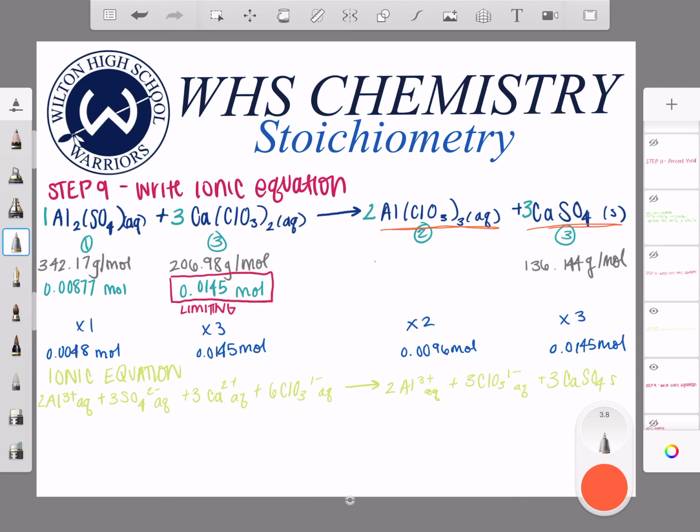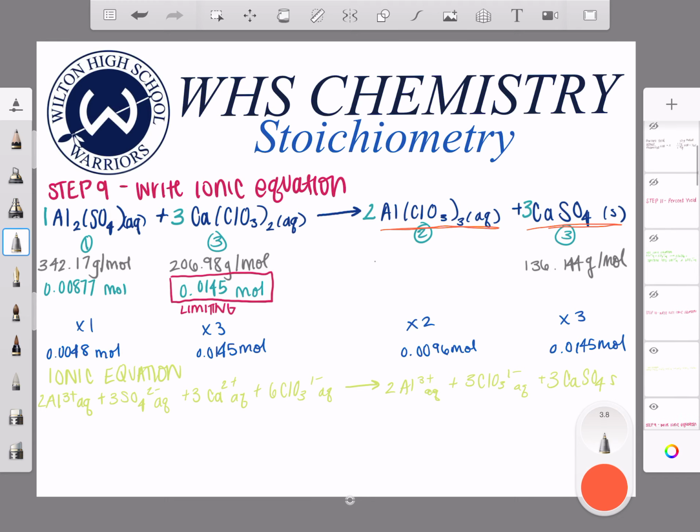Everything is broken up into its ions. The only thing that did not get broken up into ions is the 3 CaSO4 solid, because it's a solid, it's not aqueous, so you cannot break it into its ions. So when you break something into its ions, notice it has a charge and it's also still aqueous. So note that as well.